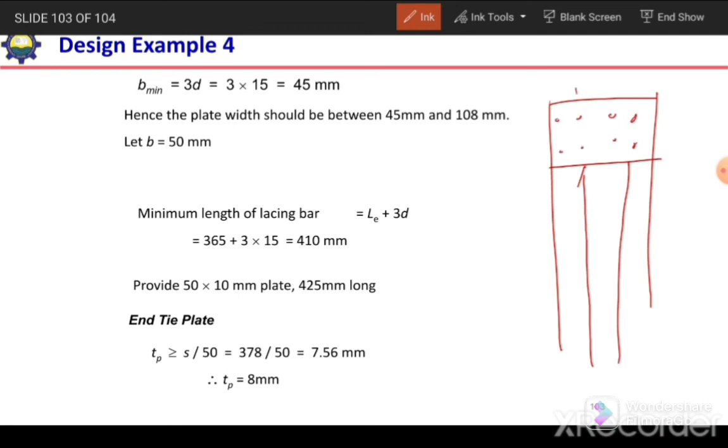If this is S, then this dimension will be equal to S, and the thickness of this plate will be S over 50. So the thickness of the end tie plate should be S over 50. S is 378, so it will become 7.56. So we can use an 8 millimeter thick plate, or we can use equal to the lacing plate, so we can also go for the 10 millimeter plate.